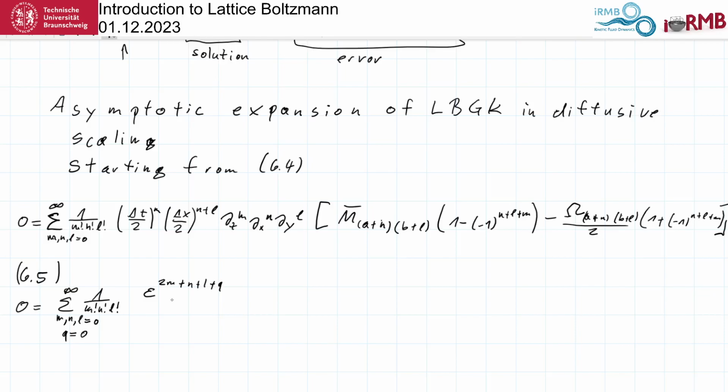This also comes in here because each expansion step will give us one more epsilon, right?